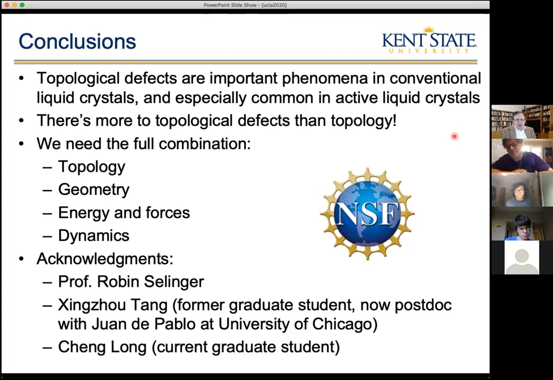And people do put three-dimensional colloidal particles into three-dimensional liquid crystals, and they do induce defects. They often induce very complicated kinds of structures.